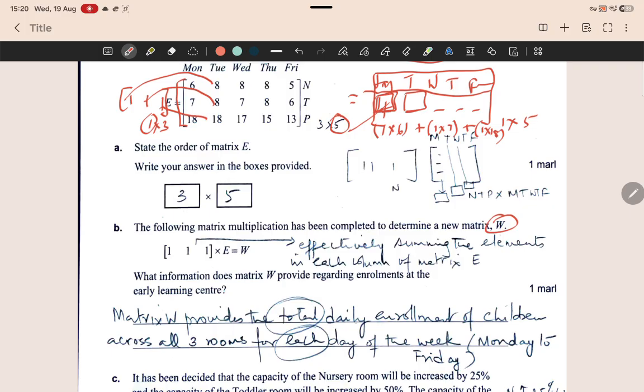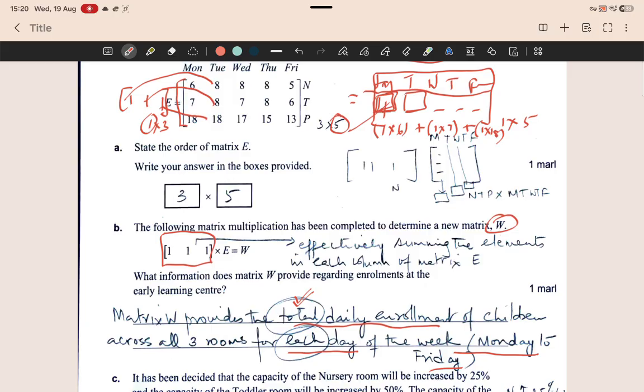So the mark is given for this and that. If any one of these pieces of information is missing, you tend to lose the mark. You should also remember that any matrix that looks like this is a summing matrix. So the word total should definitely occur in the answer.